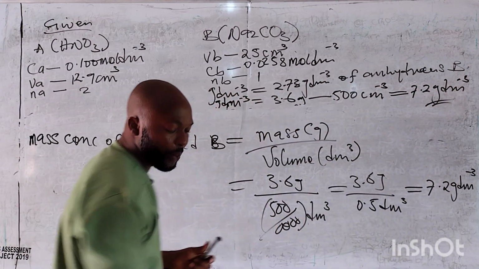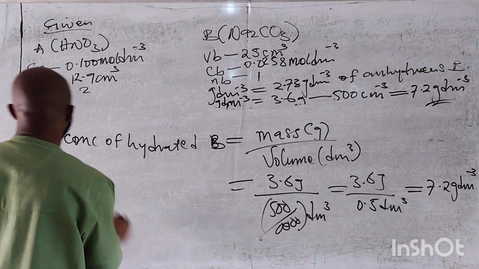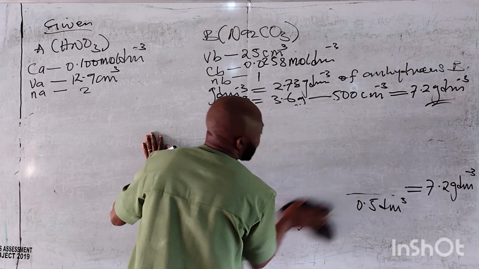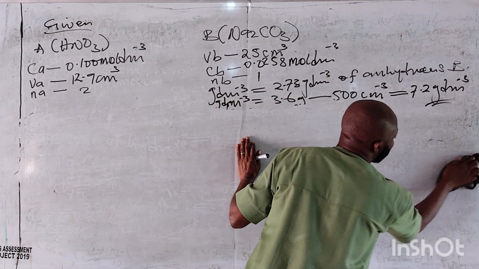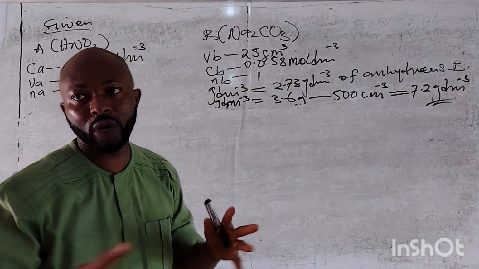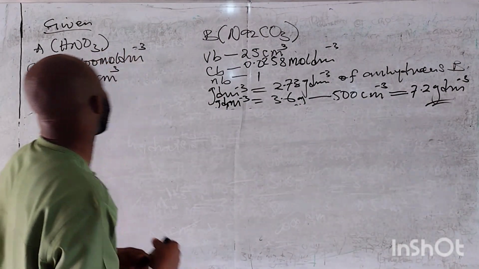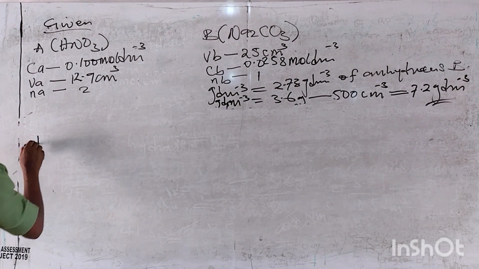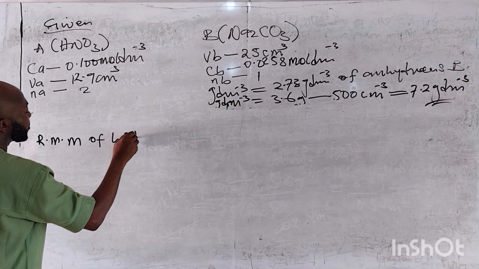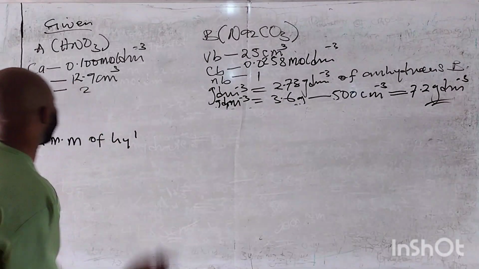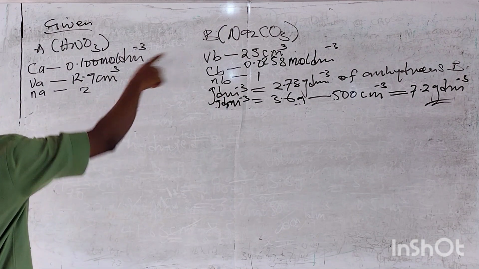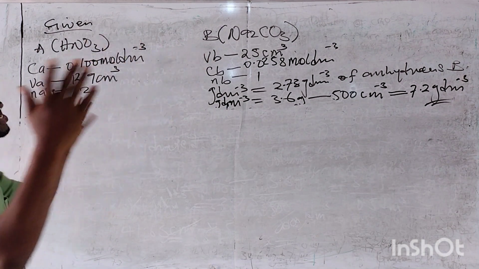Now, let's apply our formula. I can clean this now, I'm done with that. So we want to get the percentage. They ask us directly to get the percentage. Remember, before you get the percentage, you must know the number of water molecules present in the sample. So let me start with the anhydrous.